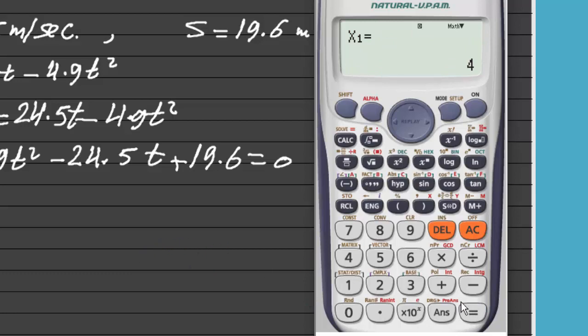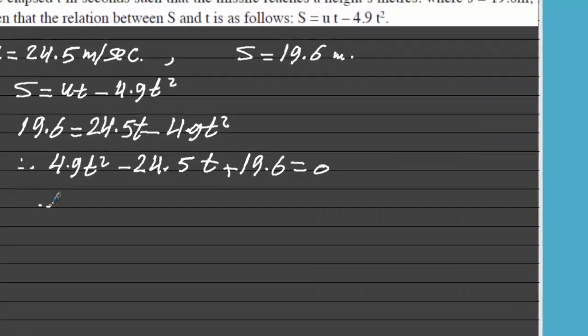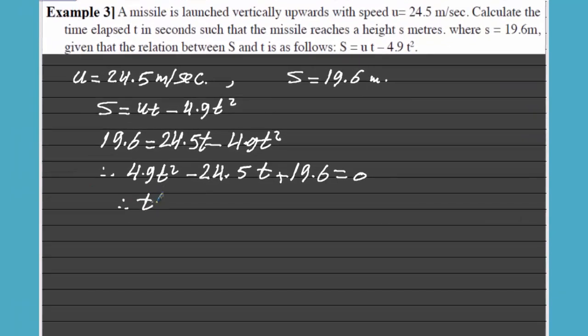So x1 equals 4 and x2 equals 1. So the time t equals 4 seconds, or the time t equals 1 second.